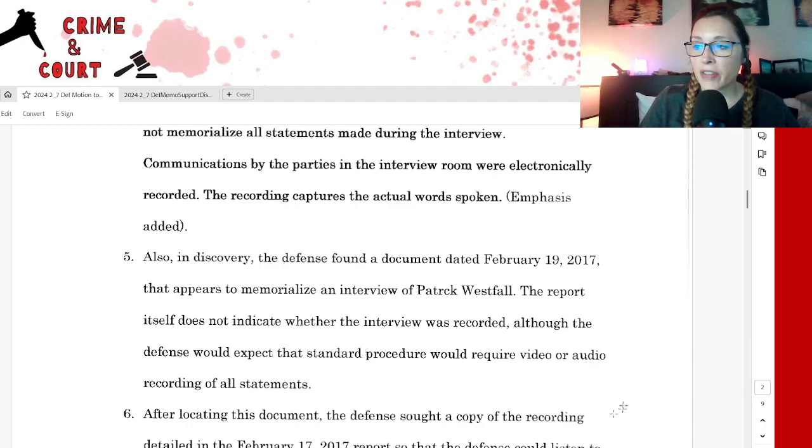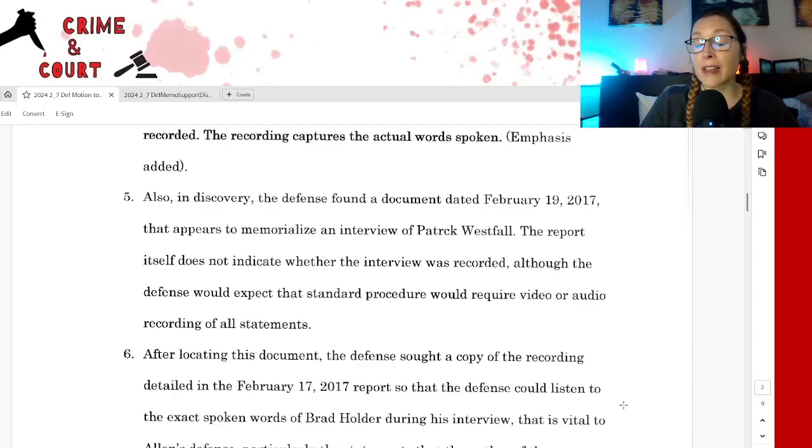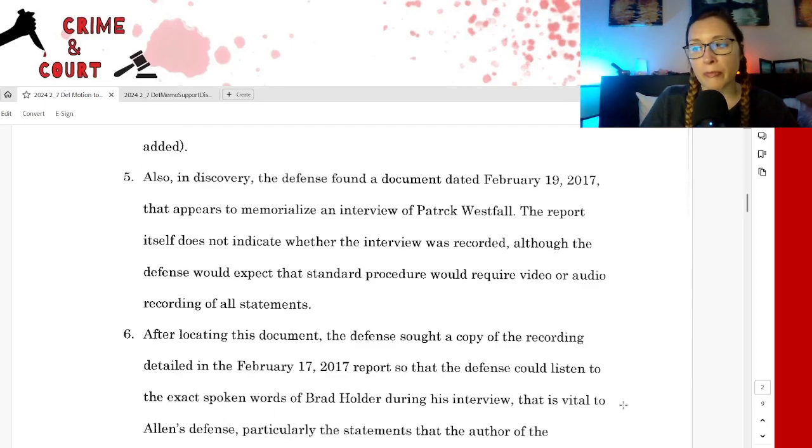Also in discovery, the defense found a document dated February 19th, 2017 that appears to memorialize an interview of Patrick Westfall. The report itself does not indicate whether the interview was recorded, although the defense would expect that standard procedure would require video and audio recordings of all statements.